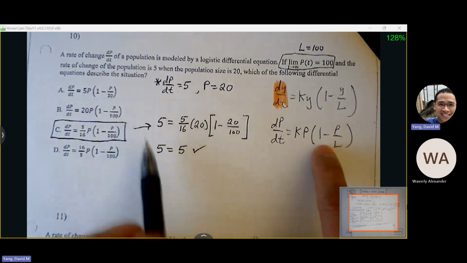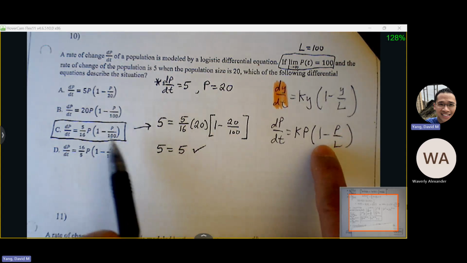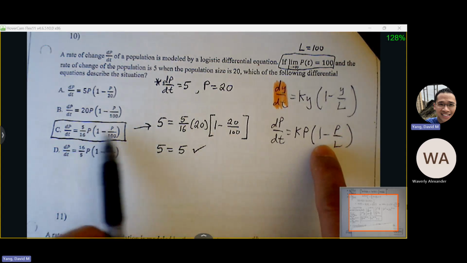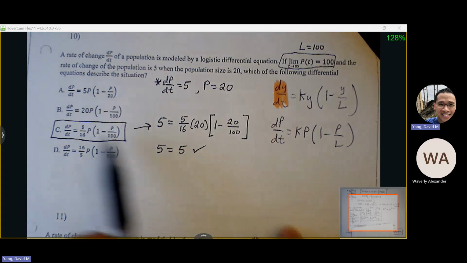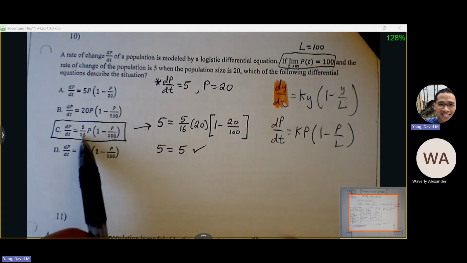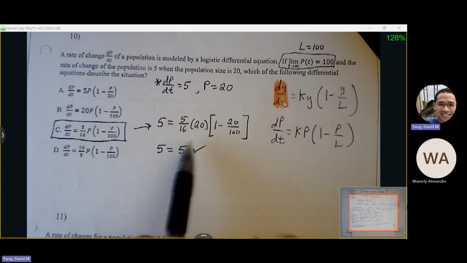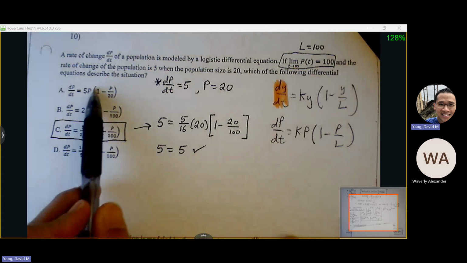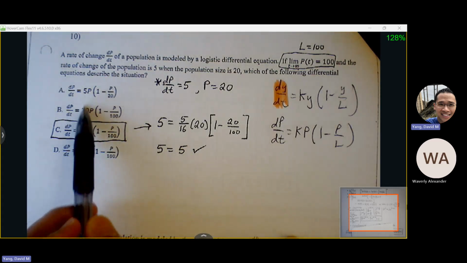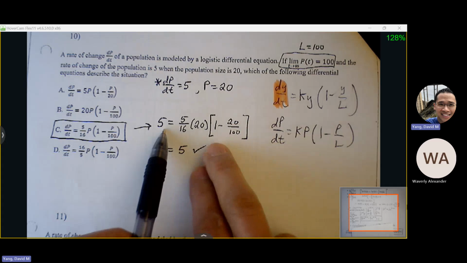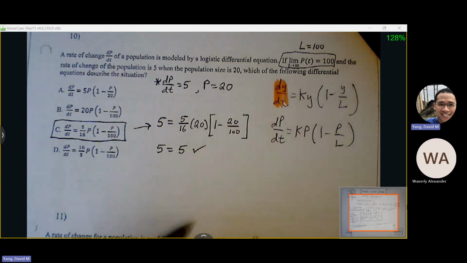So it's a little bit of guess and check to figure out which of these is going to make it a true statement. If it's 5 over 16, that's going to work. That's going to allow the right side to equal the left side. It's just trial and error here because we don't know what the K value is, but we do know that with this information, both sides have to equal out.